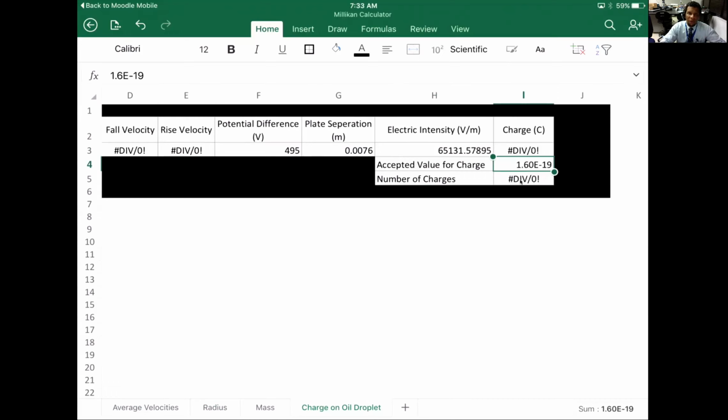So if we come out with something like 2 e negative 19th, we'll divide that in, and we're going to get some whole number plus a fraction. It's just going to be 1. Every charge or electrons come in discrete quantities, and we know those discrete quantities, and it's 1.60 e negative 19. All right.